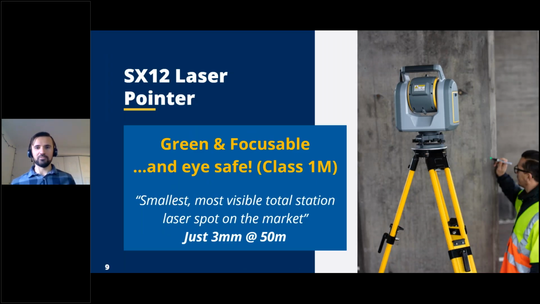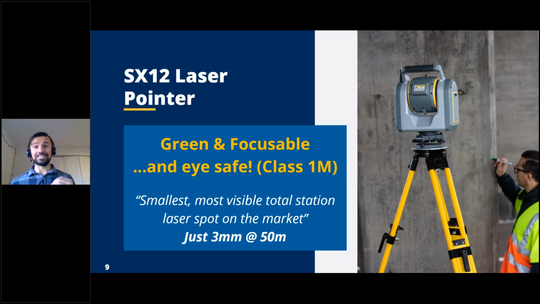Where I think it's really important for tunneling, and I'm sure a lot of you think the same thing, is the green laser pointer that we've introduced in the SX12. One being it's very powerful. So 3mm spot size at 50 meters. So really easy to see, especially for those operations where you're trying to stake out discrete points in the tunnel, trying to mark out blast holes, whatever it might be.